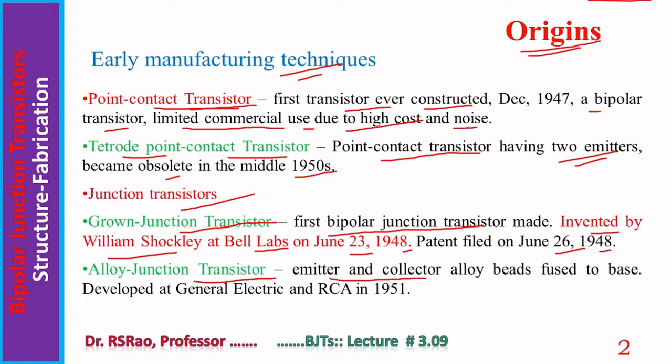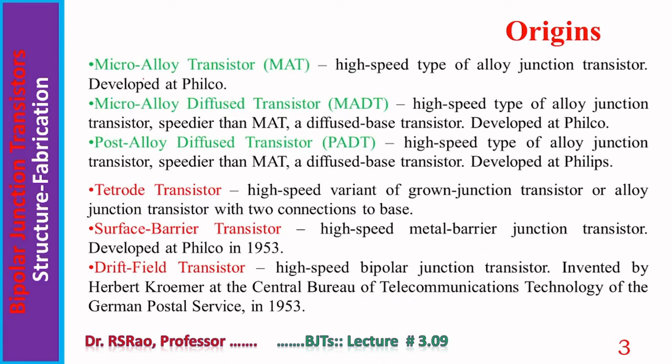Emitter and collector alloy beads fused to paste, developed at General Electric and RCA in 1951. Micro alloy transistor, a high speed type of alloy junction transistor. It was developed at Philco.